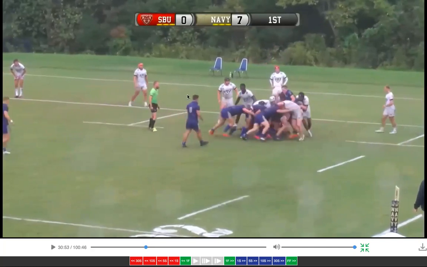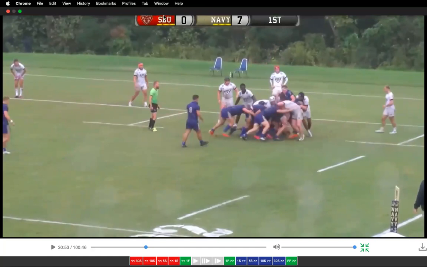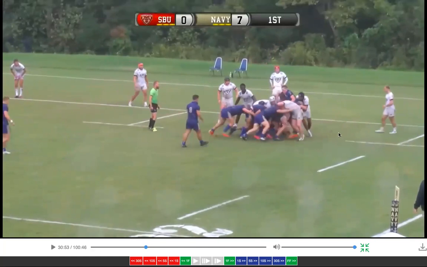Blue looks pretty good. What do we think about the referee's positioning? Anybody on the referee's positioning? Good to start. He's at the back of the line now, but he's got eyes on the ball.